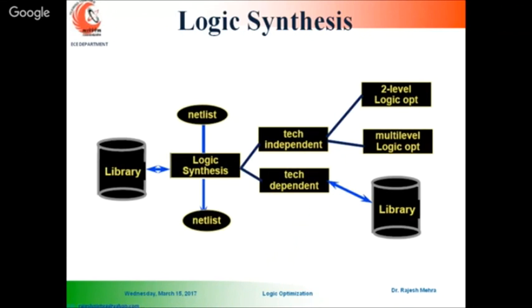And then technology dependent, you can see that it is totally dependent upon the vendor's library. It is going to vary from one vendor to another vendor, and because of this only your optimized results will be different. You may get better optimization if you have more number of options in the library, right?